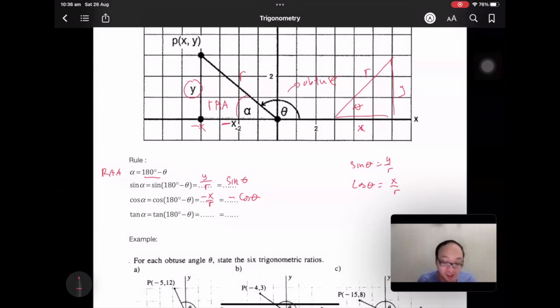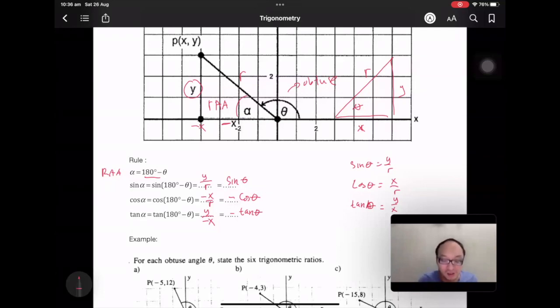And for tangent 180 minus theta, it will be y over negative x, opposite divided by the adjacent. Adjacent is negative x. So it's negative y over x, which in the acute angle, tan theta is y over x. So this is negative tan theta. That's it.